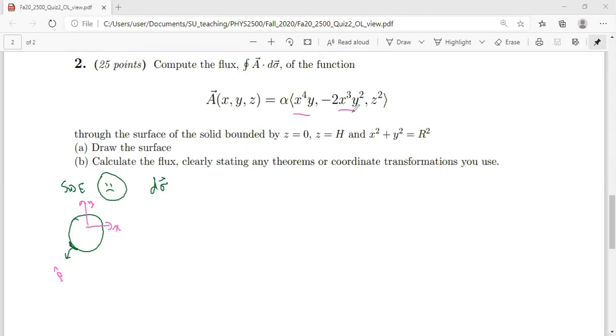So I could either try to express all of A in terms of rho, phi, and z, which is one way of doing it. The other way, which is easier, is to express rho hat in terms of i hat and j hat. And rho hat is cosine phi i hat plus sine phi j hat.